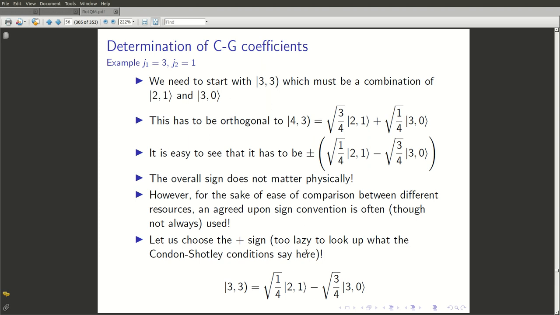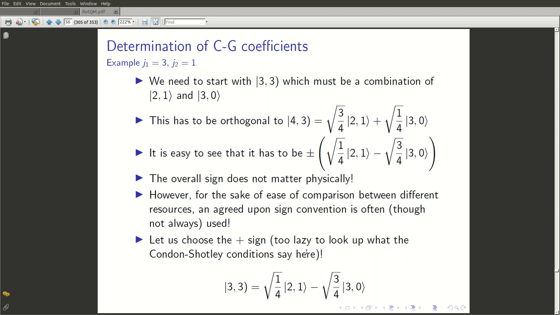This Condon-Shortley convention, which is the most often accepted sign convention, although there are people who don't like it, would say something definite about the plus or the minus sign here, but I am feeling too lazy to look that up. And more importantly, the sign convention is just that, it's a sign convention. It does not detract or add anything to the basic overall physics.